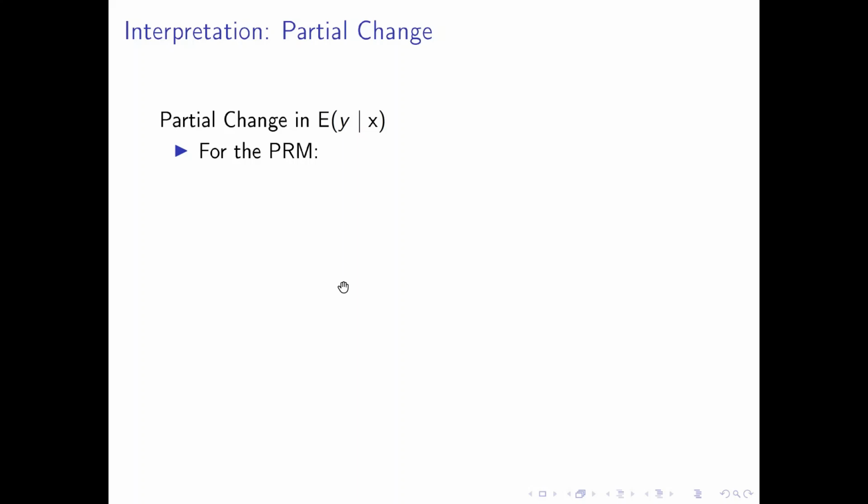So for the Poisson regression model, the expected rate or expected count is equal to the expectation of y given x, which is equal to the exponential function of x beta. And for different x vectors, we're going to have different expected counts.